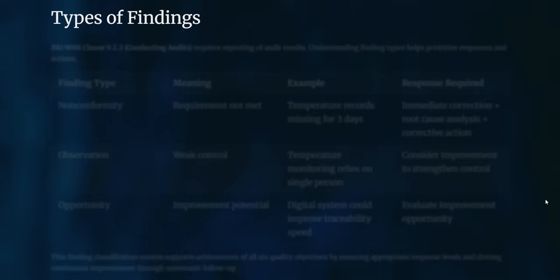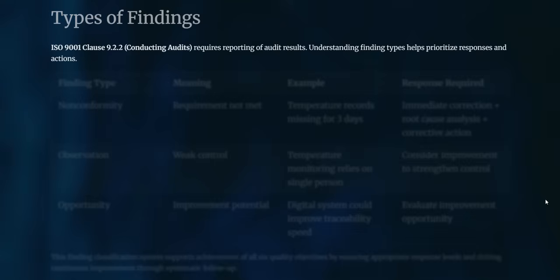The types of audit findings: ISO 9001 Clause 9.2.2 requires reporting of audit results, so understanding finding types will help prioritize responses and actions. Let's see this in our case study.